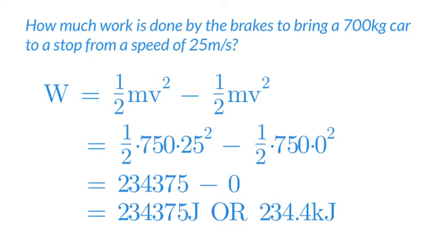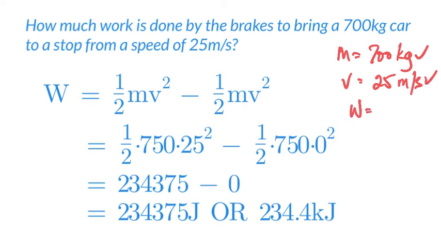So let's just put that up here and let's see what happens. So we've got mass equals 700 kg. Good, in the right format. We've got a speed, or a v, and it is 25 metres per second. Again, good, it is there. And what we're going to do is work out the work that was done by the brakes.